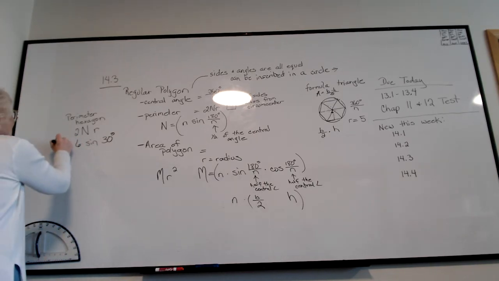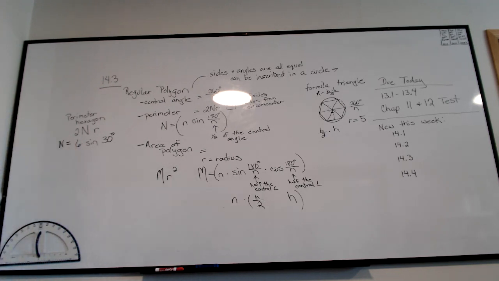Go ahead and find that in your calculator. What is 6 times the sine of 30 degrees? So you were just finding the perimeter. Couldn't we have done it by putting 180 over 6?